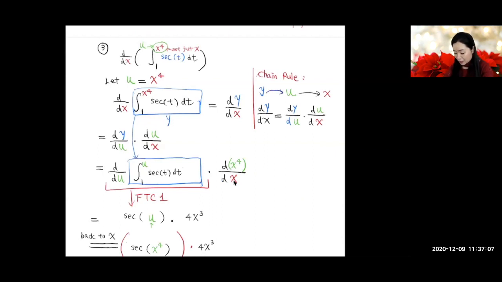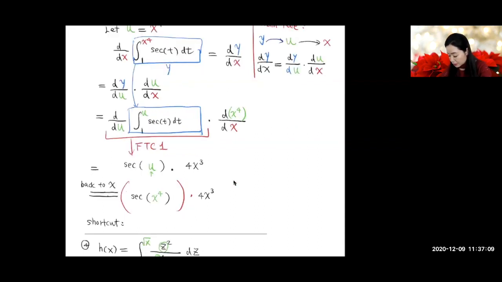So what do I have over here? The integral from 1 to x to the 4 power of secant t dt.